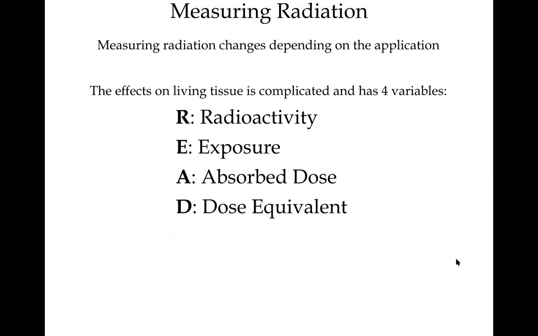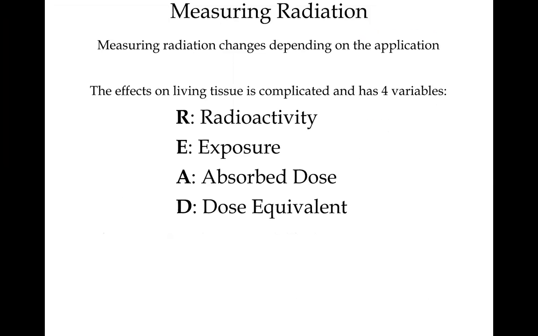Now, again, measuring radiation on living tissue is complicated because our tissue isn't just a homogeneous sac, right? It's got skin and bone and muscle and ligaments and tendons and other internal organs that all have a different degree of penetrance for radiation.